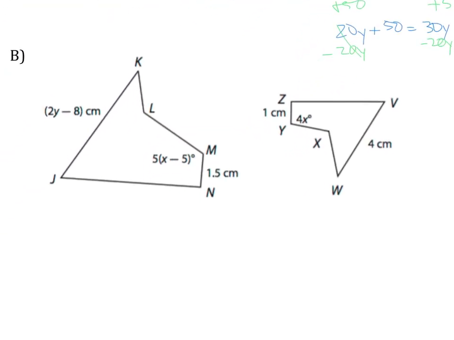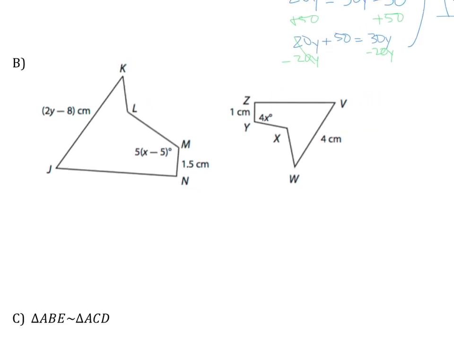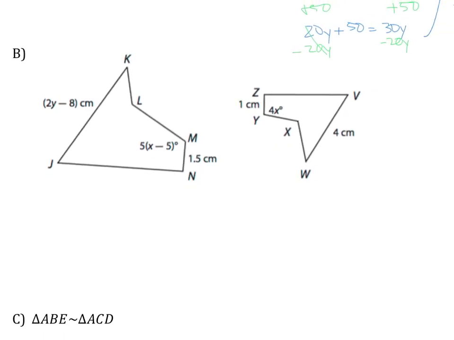So for letter B, I'm just going to kind of get you started here and then let you finish B and C. For letter B, first of all, let's call this figure KLMNJ. What would this figure be called?